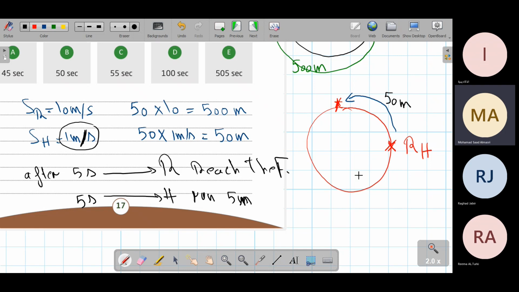So what does that mean? It means the hedgehog will be here. How far is the final point for the hedgehog, if in the beginning the distance between the hedgehog and the final point is 50 meters? When he runs for 5 meters, how many meters does he need to run again?